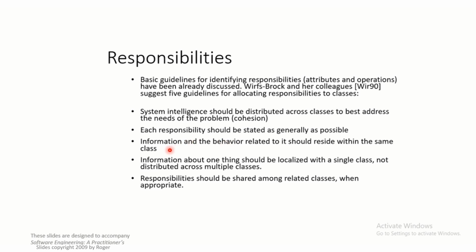The third point is that information and behavior related to it reside within the same class. It refers to the concept of encapsulation, that is data hiding. You need to keep the class information in the particular class.